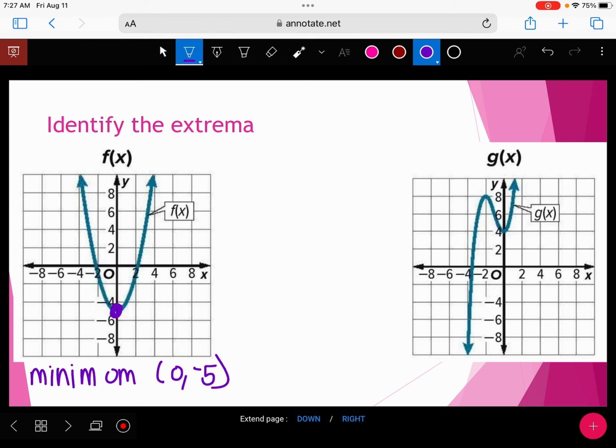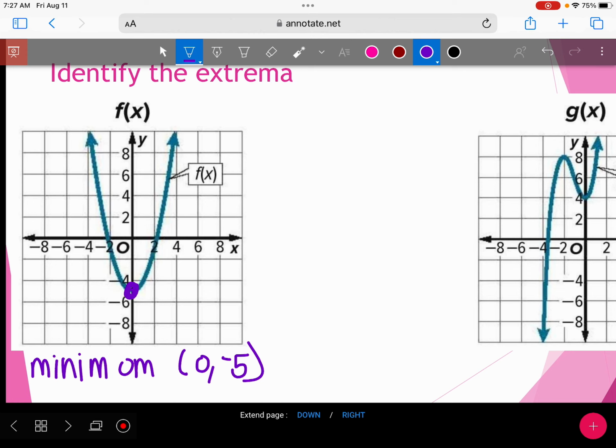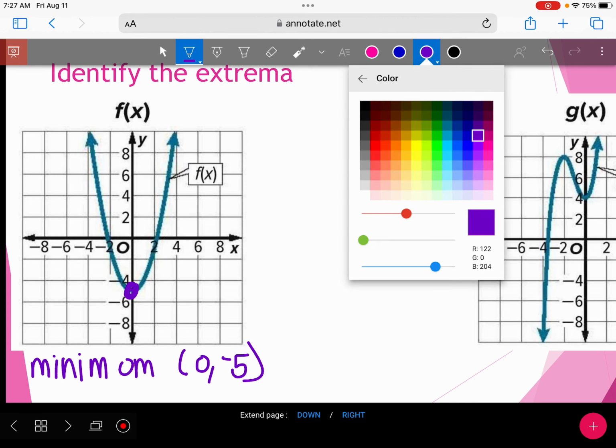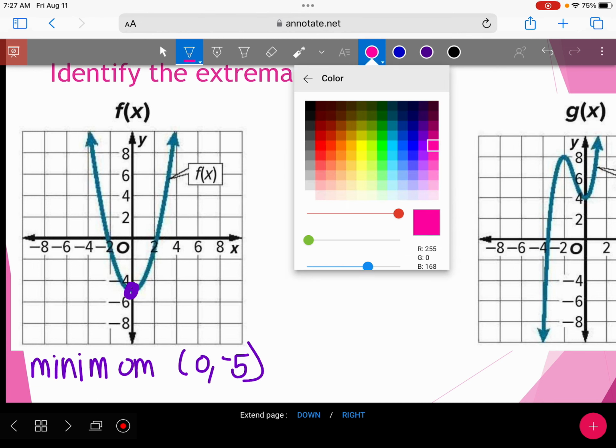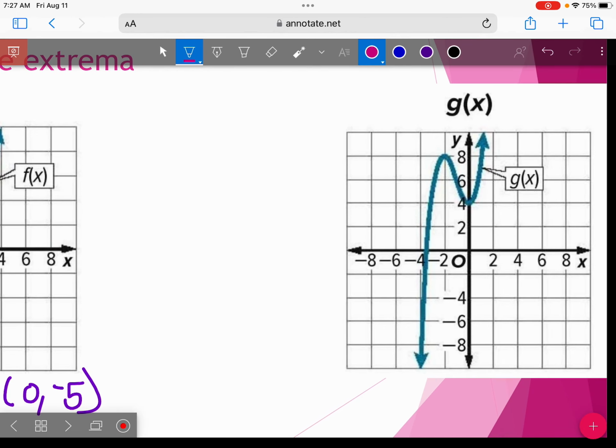There we go. 0, -5, because it looks like it's between the -4 and the -6. All right, that's all we have to do on f of x.